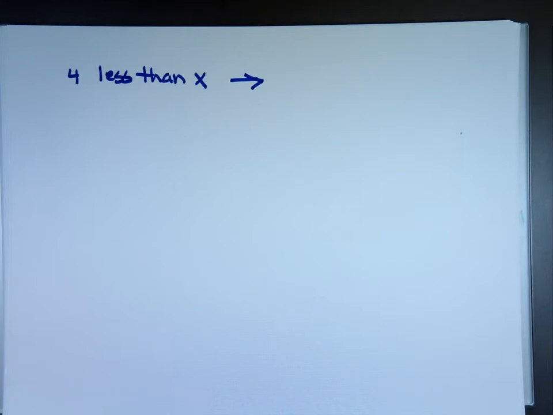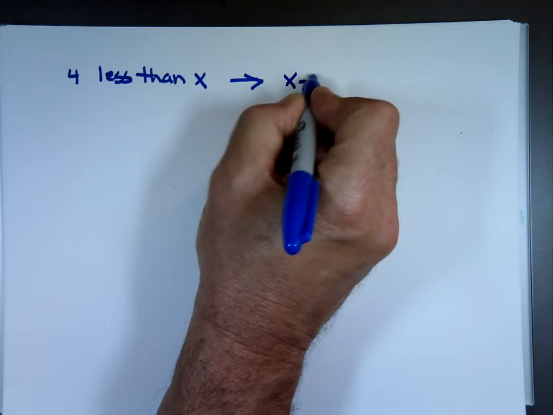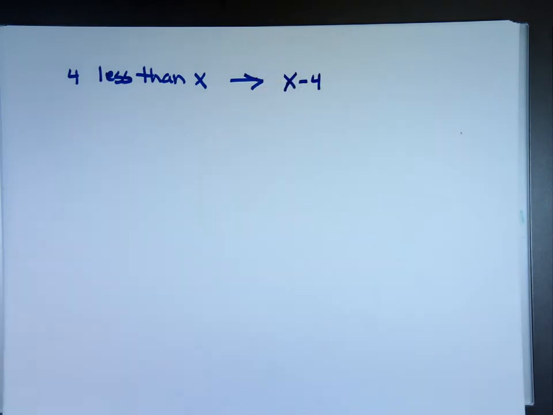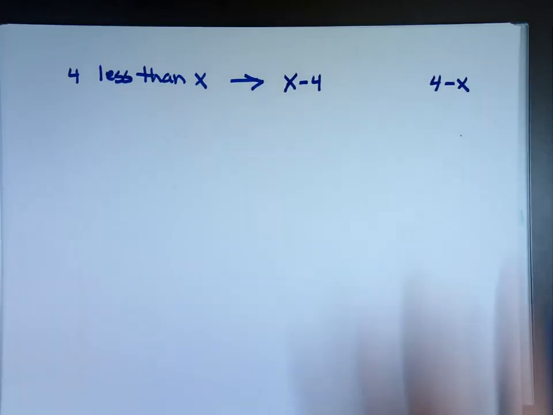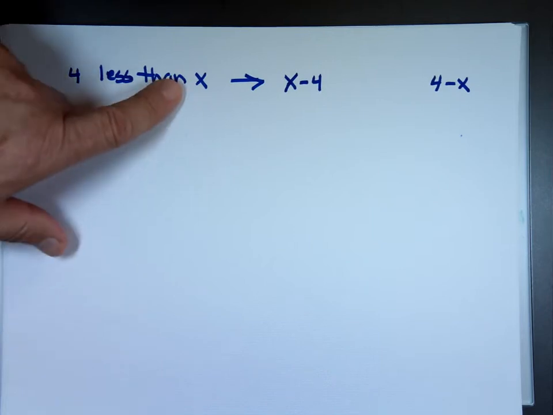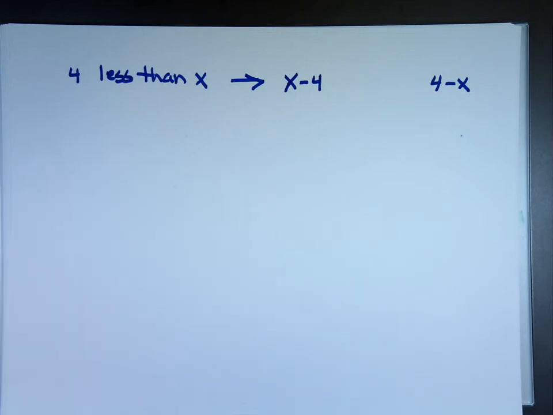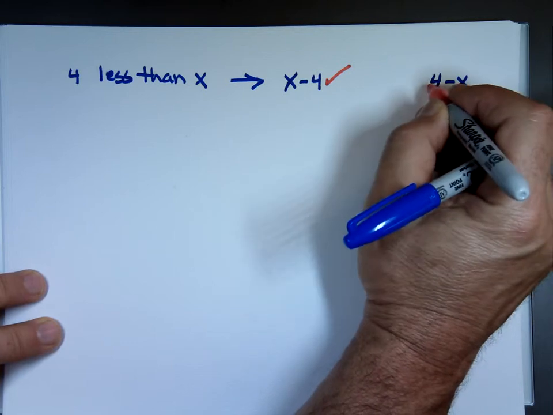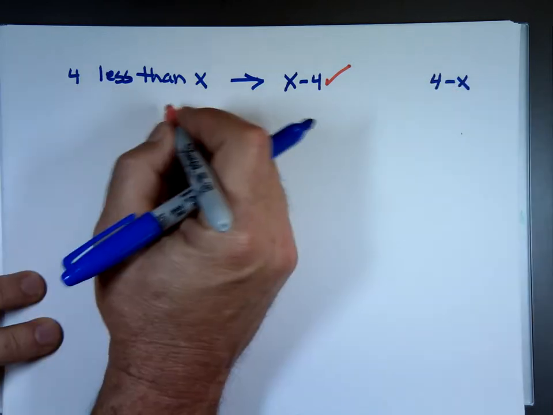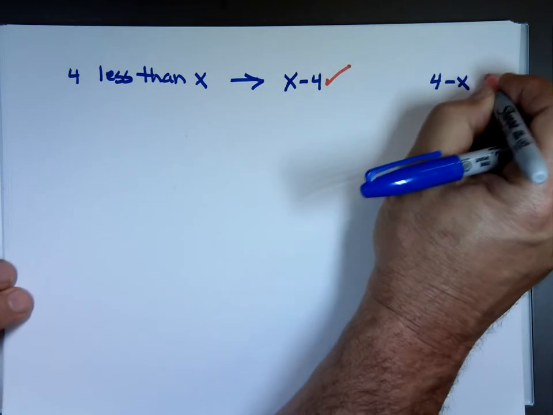Anyone agree with that? Could it be 4 minus x? Somebody said 4 minus x? 4 less than x. What does that mean? Take 4 away from x. To me, that seems the correct answer. Not that one. This is take x away from 4. So 4 less than x is actually x minus 4, not 4 minus x.